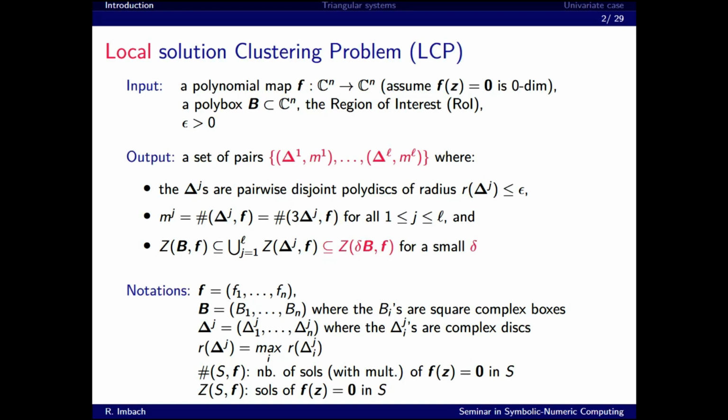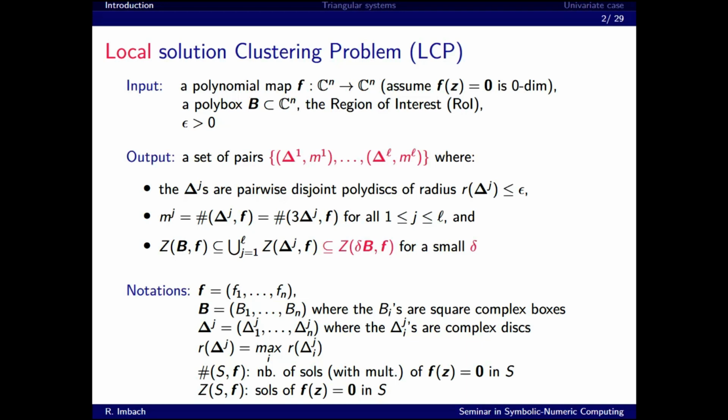So in the second bullet, is Z missing? It's the second bullet. Is it correct? Z is missing, right? In the second bullet, this number means the number of solutions contained, with multiplicity, and I will explain this in a few minutes.